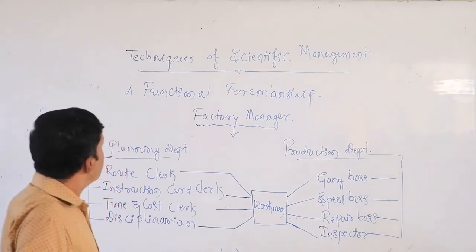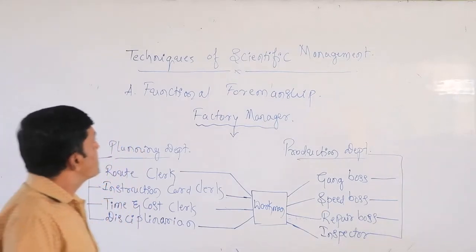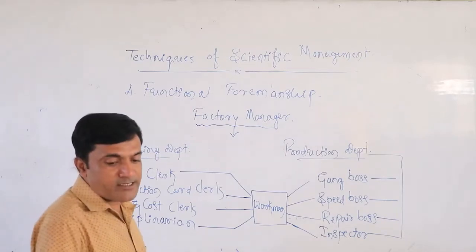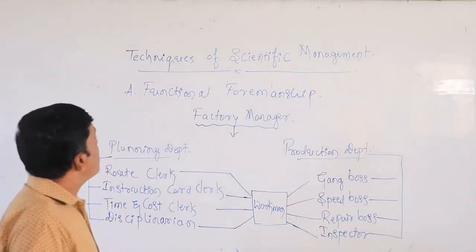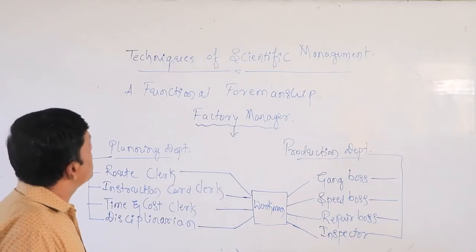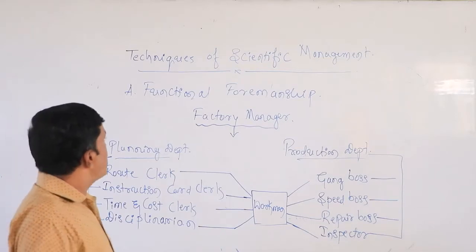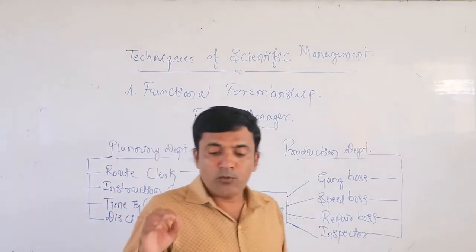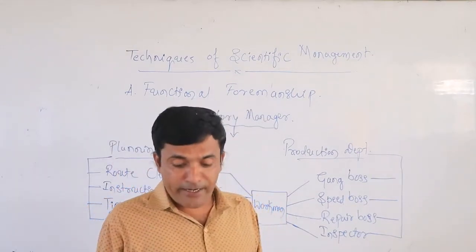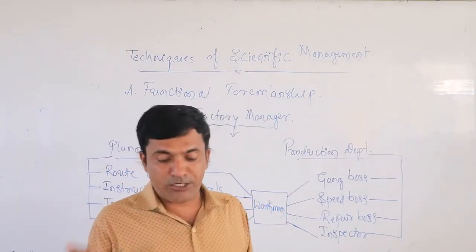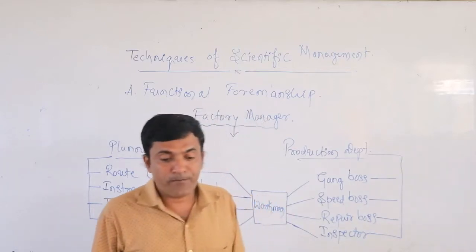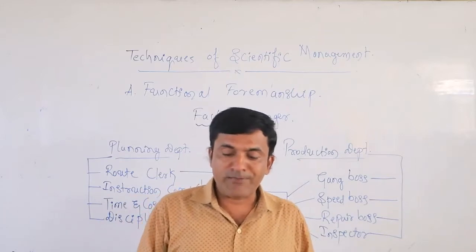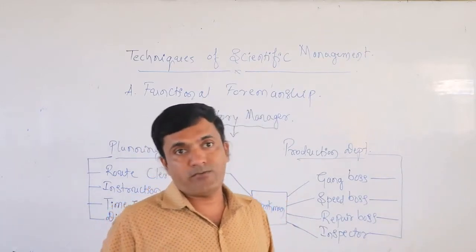So under the heading functional foremanship, this is the first technique of scientific management. Under this, dear students, the father of scientific management, F.W. Taylor, has provided that supervision is to be divided into several specialized forms, and each function to be entrusted to a special foreman.